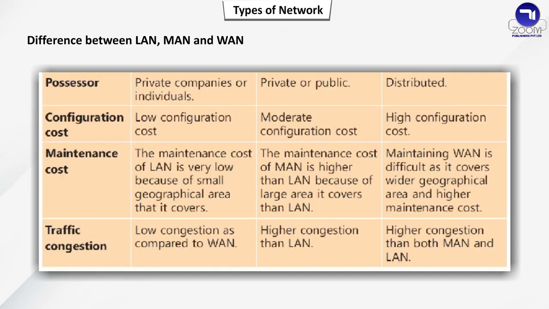The maintenance cost of MAN is higher than LAN because of the larger area it covers. Maintaining WAN is difficult as it covers a wider geographical area, with higher maintenance cost. Traffic congestion: low congestion as compared to WAN, higher congestion than LAN, higher congestion than both MAN and LAN.